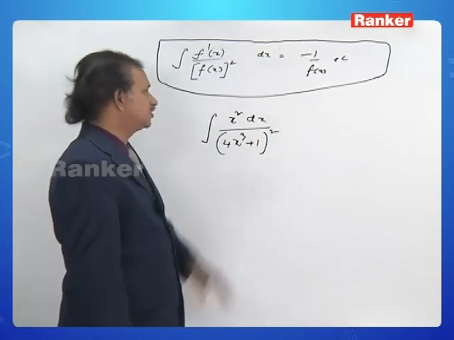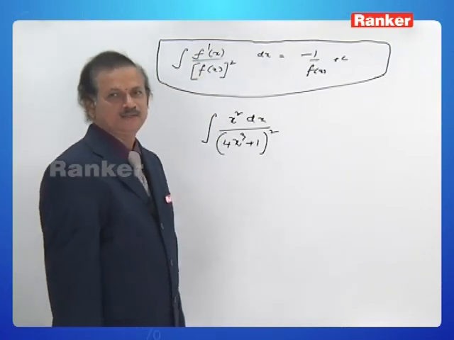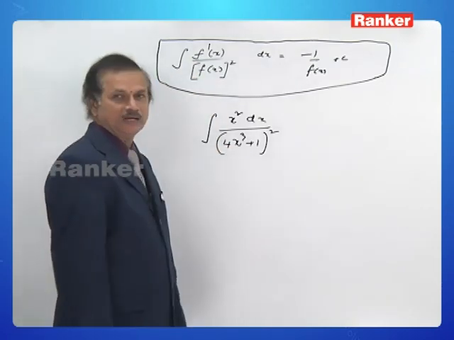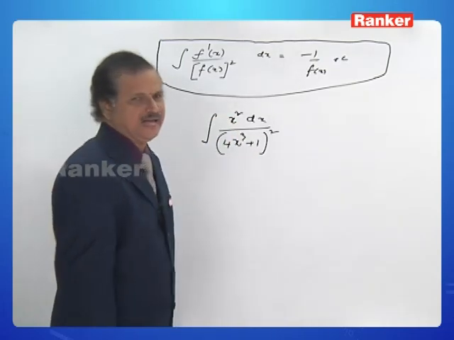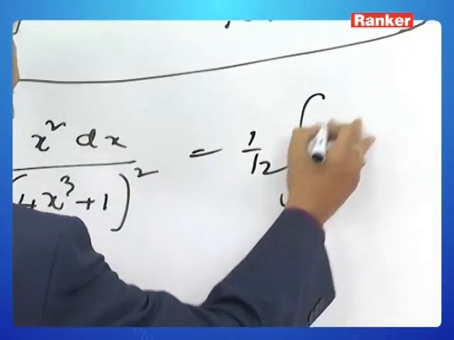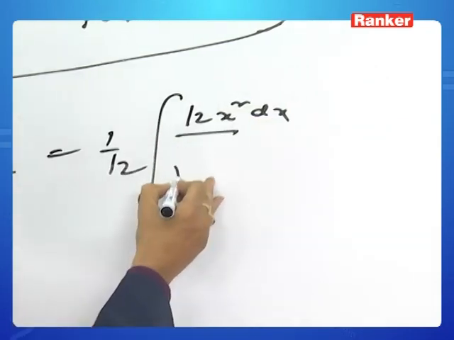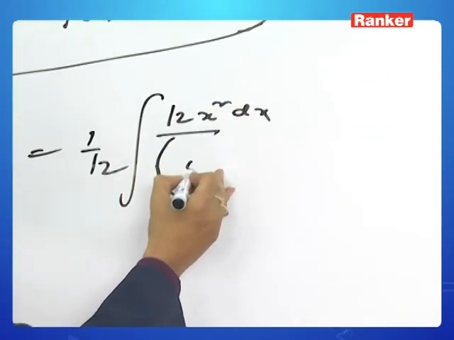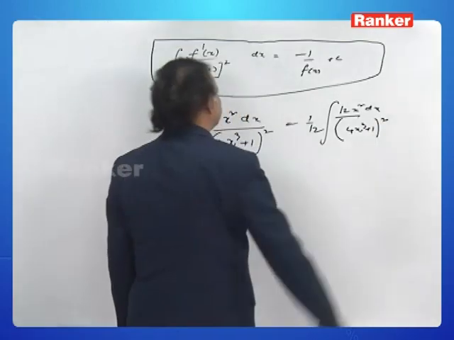In order to use this formula, I must be provided with f dash x in the numerator. What is f dash x? 12x square. Is 12 happening here? No. You create it. This is therefore 1 by 12 into 12x square dx by 4x cube plus 1 whole square.